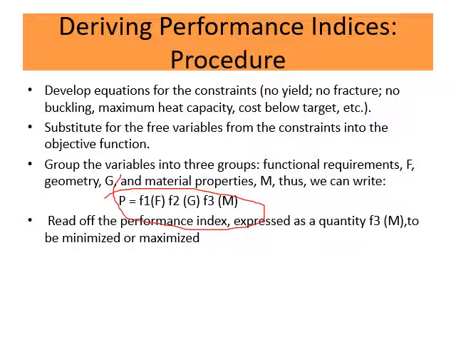Eighth, set the performance index in the form of quantity M to be either maximized or minimized. So we just need to use this third function, f3, for the material property index, or material performance index.